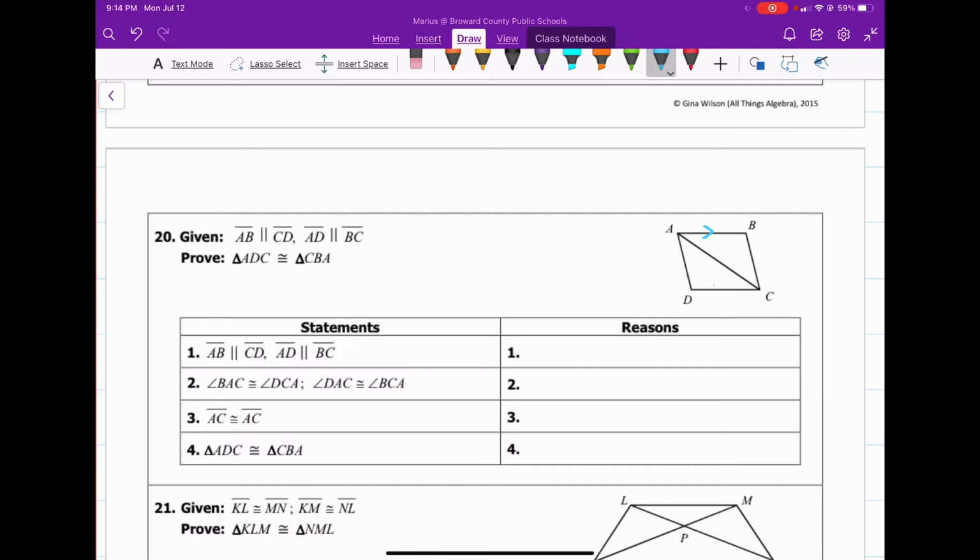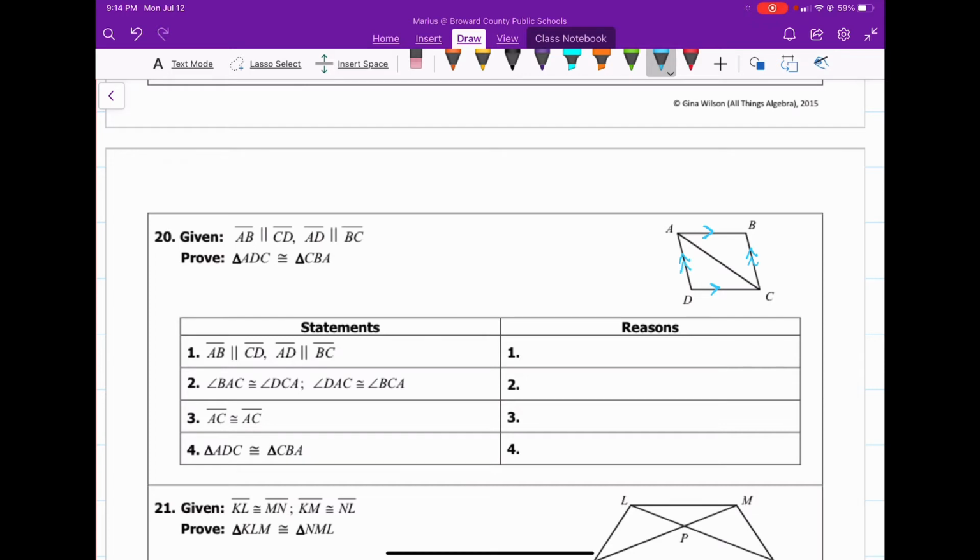And the other two segments that are parallel are AD and BC. Now that we've put our markings up there, we need to go ahead and fill out our diagram.